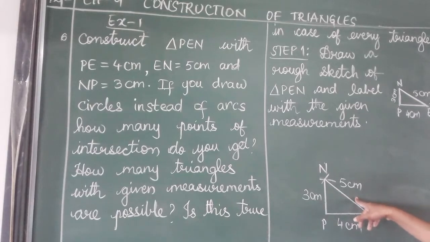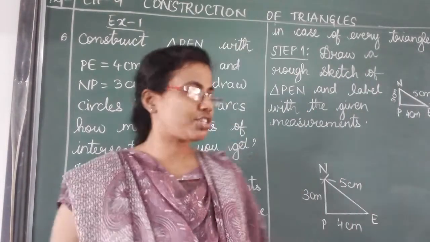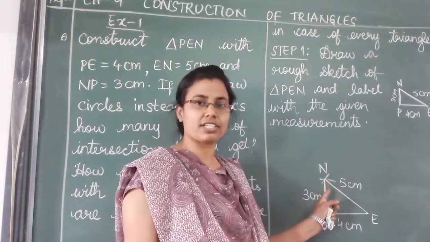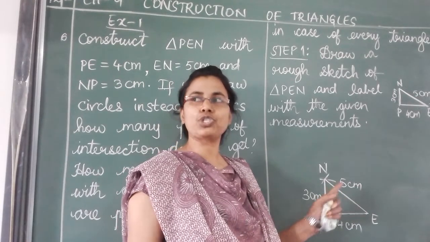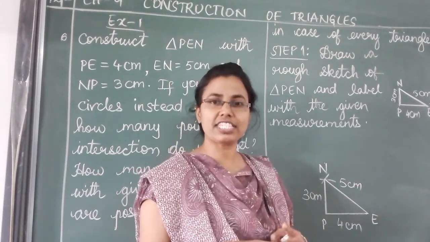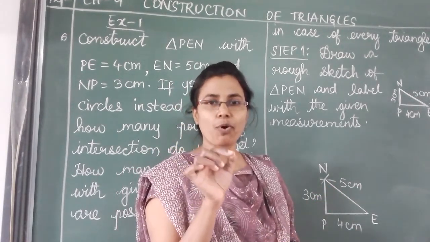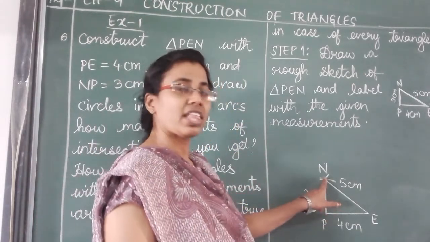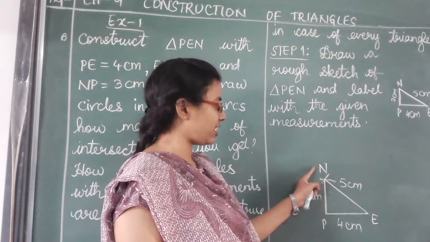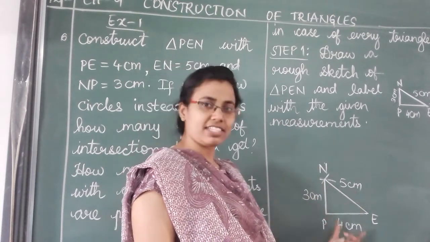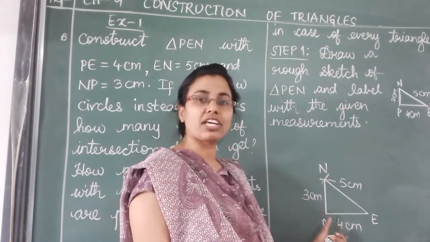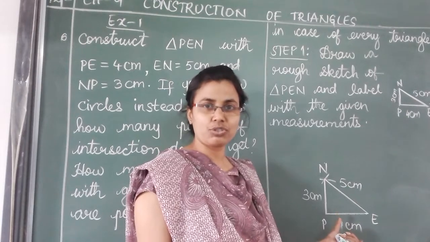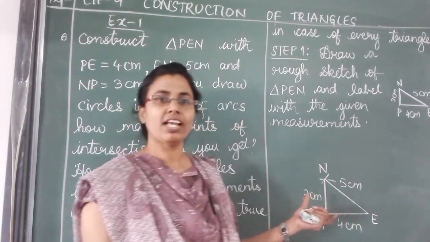We have cut another arc such that it is cutting the first arc. So you know that when two arcs are cutting each other, there's a point or a vertex which is visible to you. This vertex is N. The measurements are written and this is the figure you've got. Understood this part?